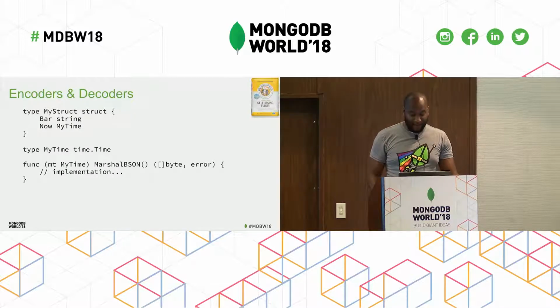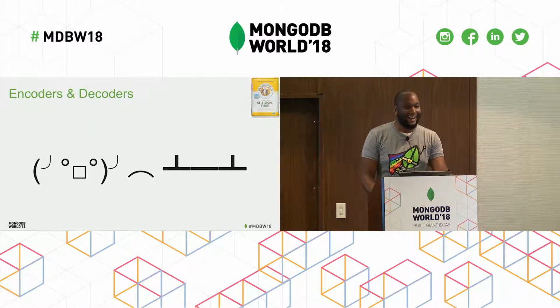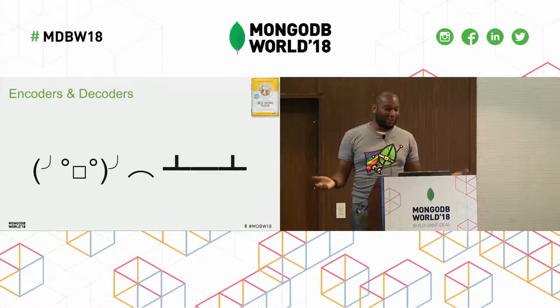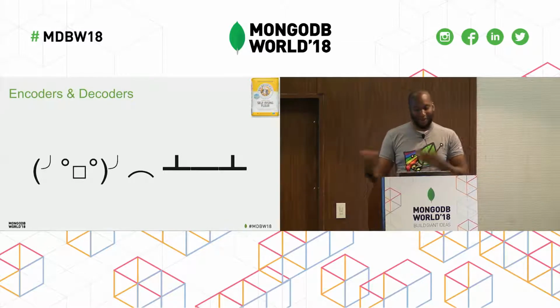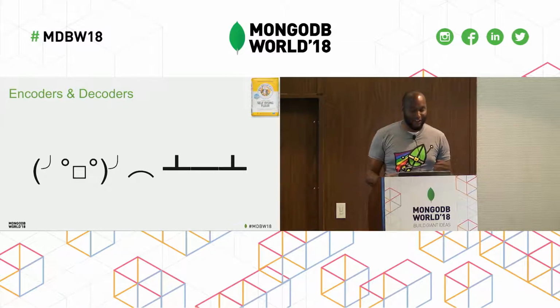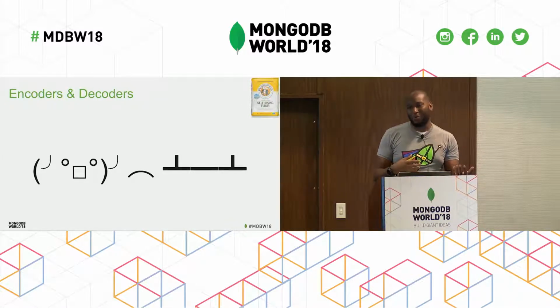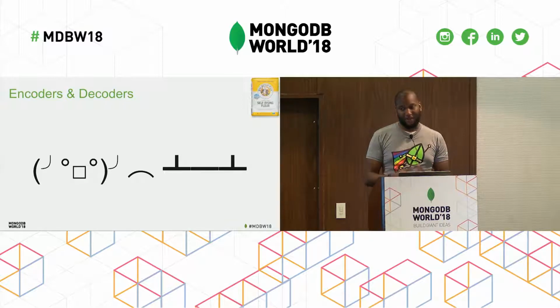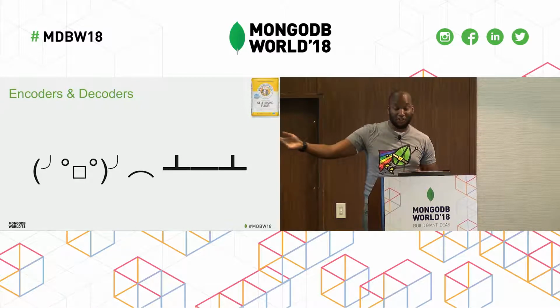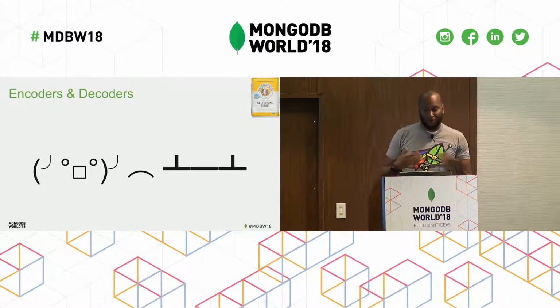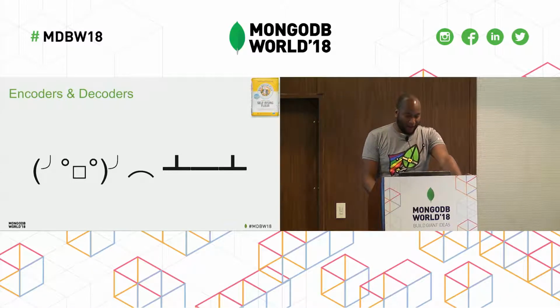I personally find this super infuriating. I don't want to declare a standard library type as my own type. I think that is absolutely silly. The standard library has good types, and it will also only work in my type, right? If I had another time.Time somewhere else in my application, that one would get encoded as usual. So it doesn't work that well.